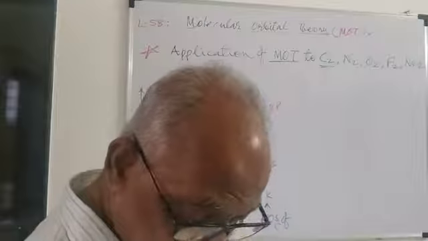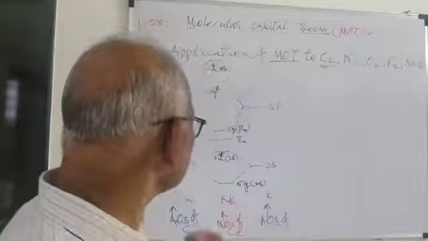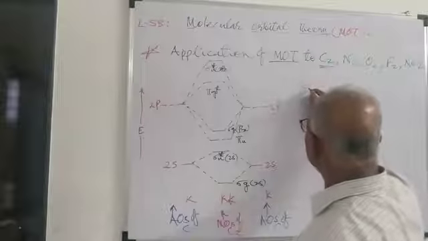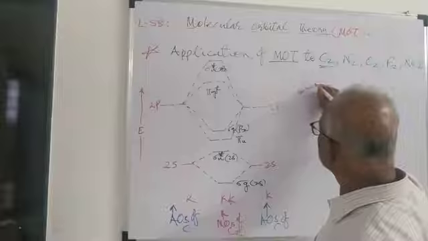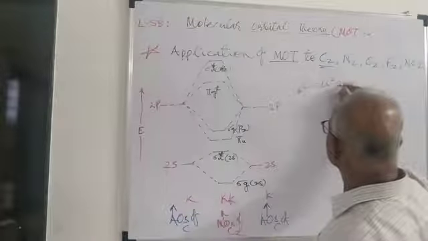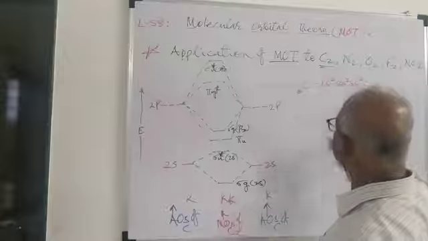Now we can fill in the electrons. Carbon has the electronic configuration 1s2, 2s2, 2p2.